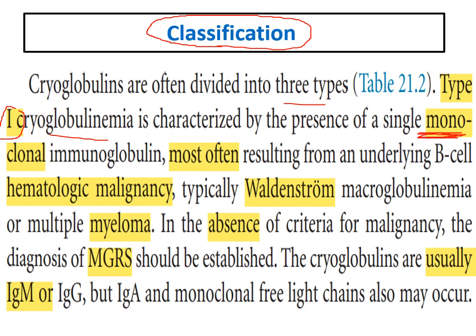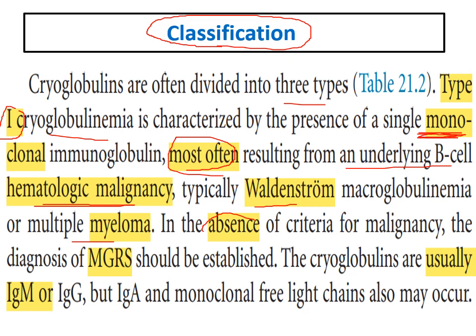Monoclonal immunoglobulins, usually from an underlying hematological malignancy. So type 1 cryo is monoclonal immunoglobulin, usually with hematological malignancies like Waldenstrom macroglobulinemia or multiple myeloma.